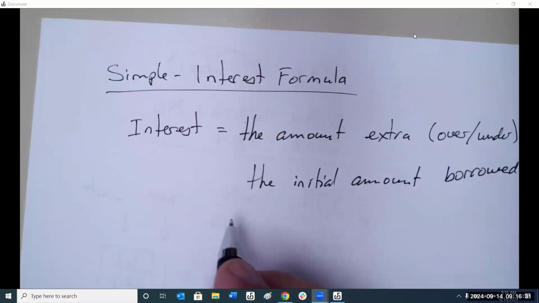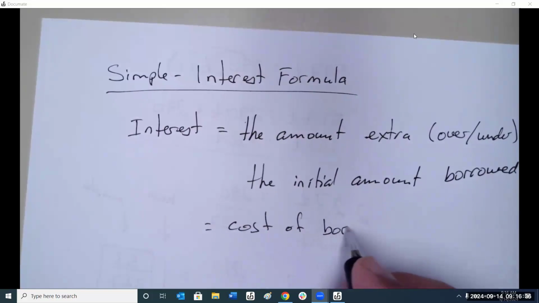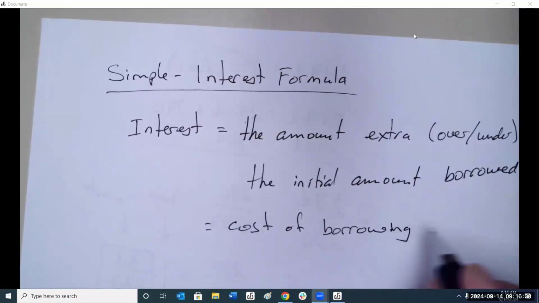In other words, it's the cost of borrowing money.